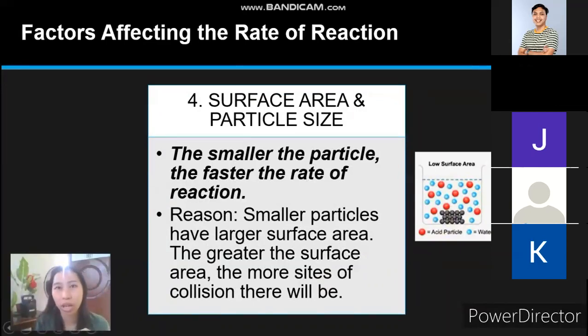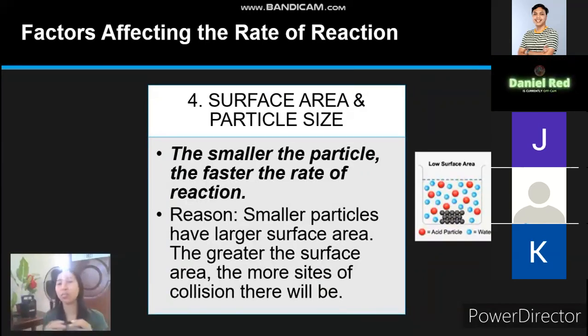Gagmay na siya, mura siyang gidugmok, no? Asa ang mas daghan og collisions, kaning tibugol siya nga buo or kaning gigagmay-gagmay na siya? Siyempre, kaning gigagmay-gagmay na siya because ang imong smaller nga particle size, mas dako ang surface area nga maka-interact siya with another nga particle or molecule.